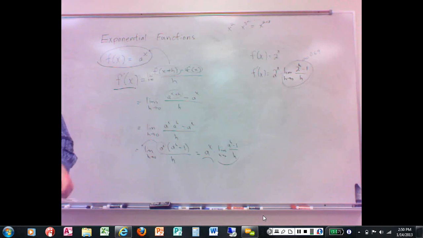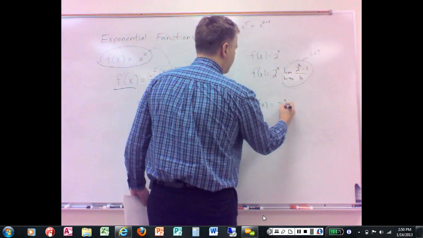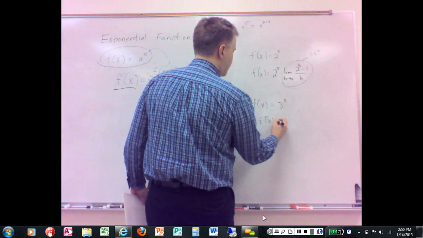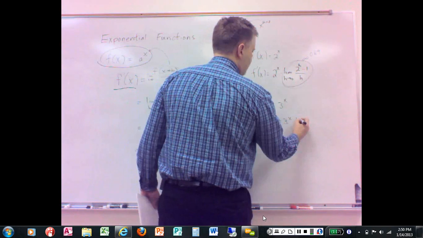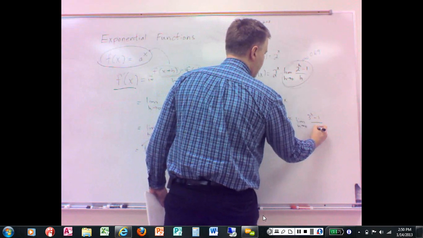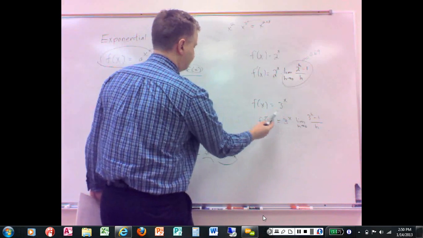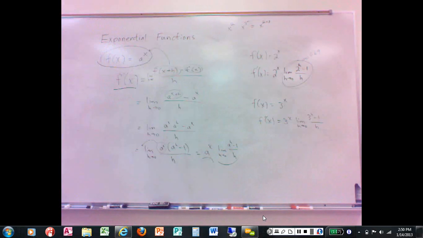You can do the same thing for 3 to the x. F of x equals 3 to the x, and what you'd get for the derivative is 3 to the x times the limit as h approaches 0 of 3 to the h minus 1 over h. I'm just letting the a here be 3 instead of 2.